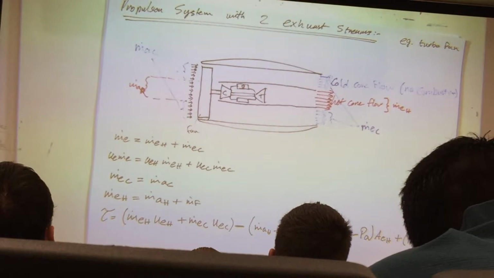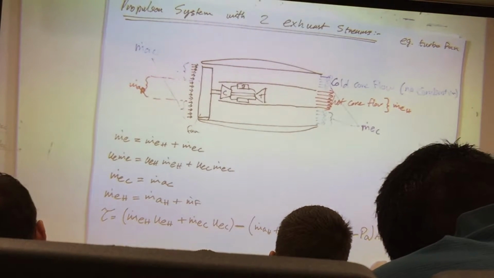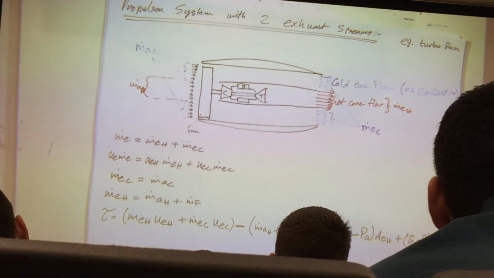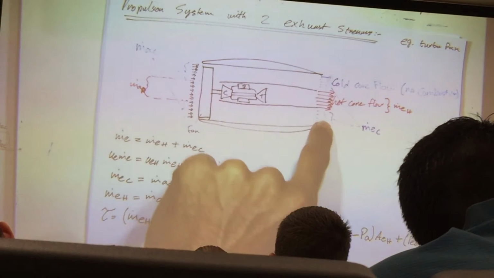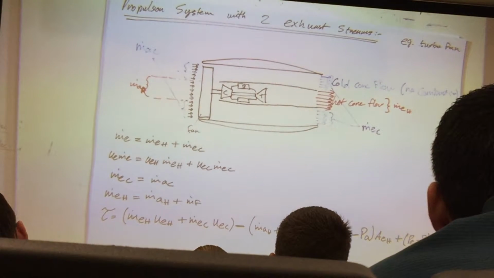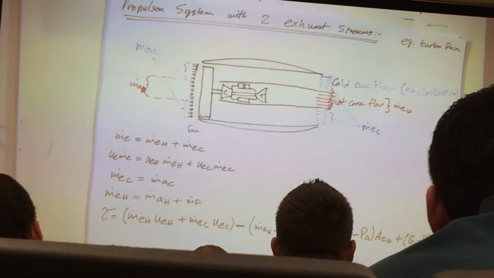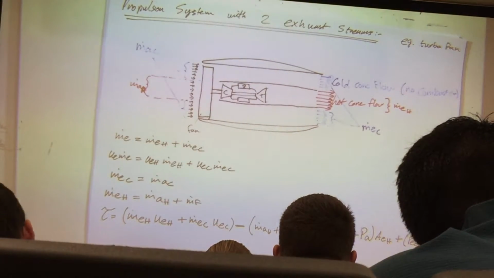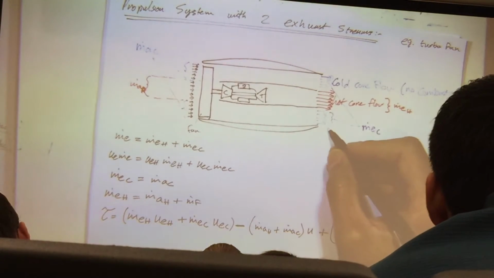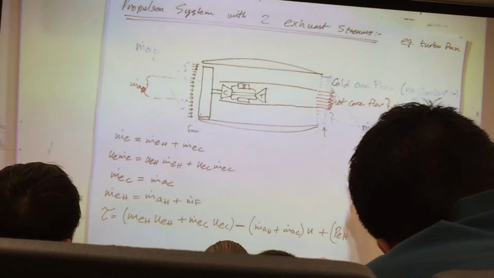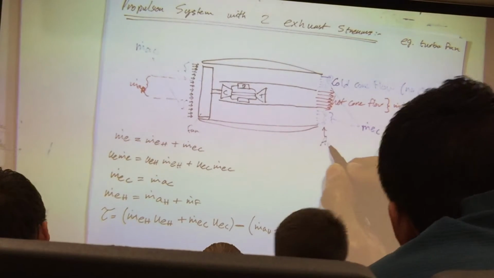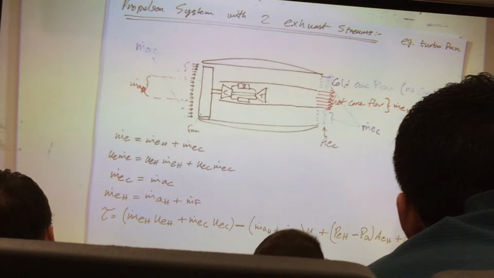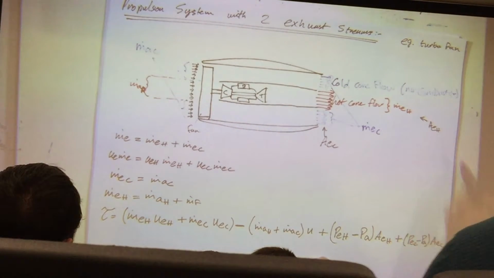So the P exit cold minus the ambient, multiplied by the area of the cold section. So let me highlight the areas. This area right there with the top one is area exit cold, and this area right here for this section is area exit from the hot section.